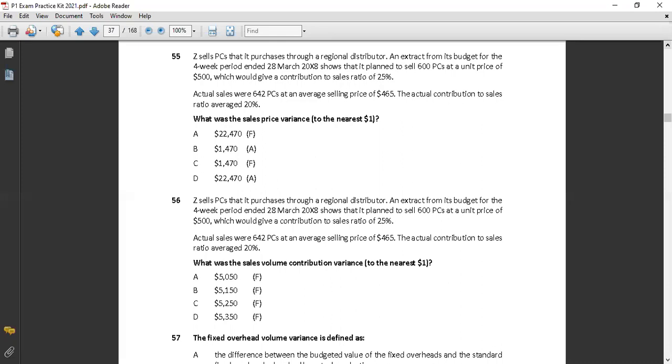Actual sales were 642 pieces at an average selling price of 465. The actual contribution to sales ratio averaged 20%. What was the sales price variance to the nearest? So let me put these two questions.